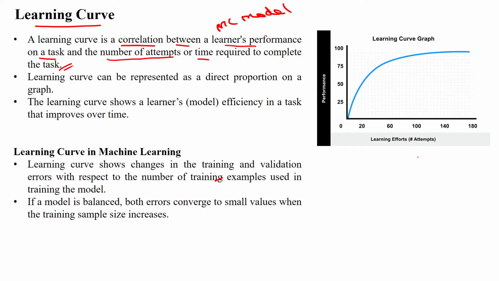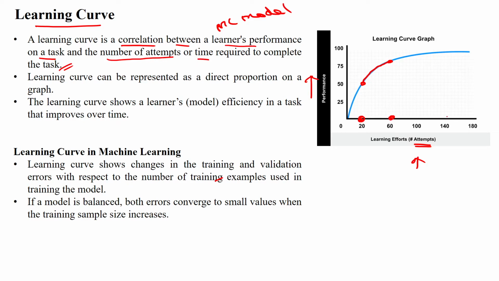You look at here, on the x-axis we are taking learning efforts, number of attempts, and here we are giving the performance. When you are applying 20 attempts, our performance is 50%. When you are increasing the number of attempts, our performance also gradually increases.